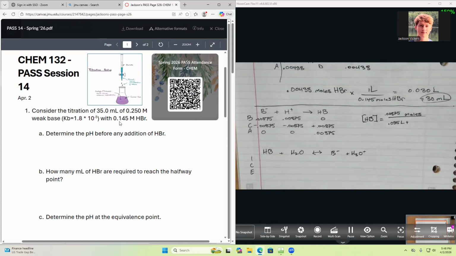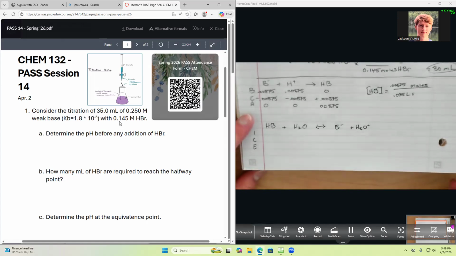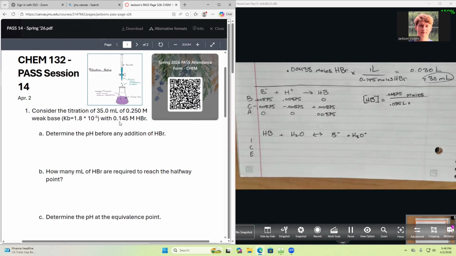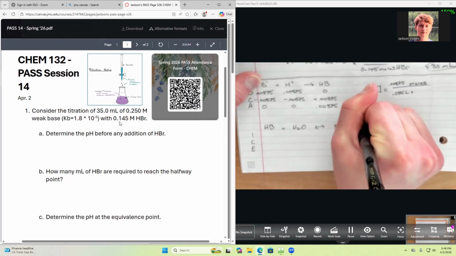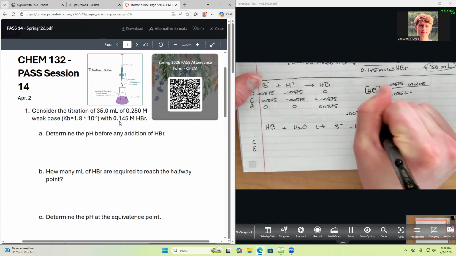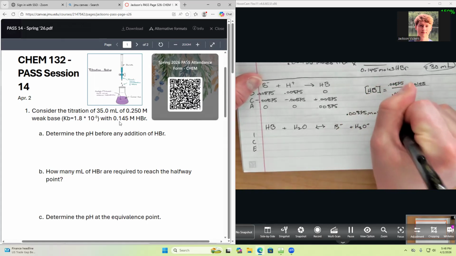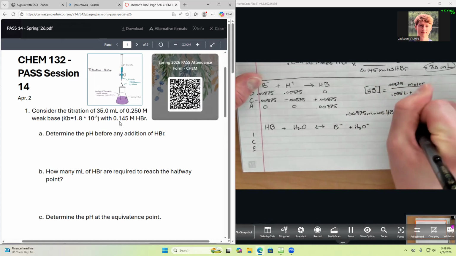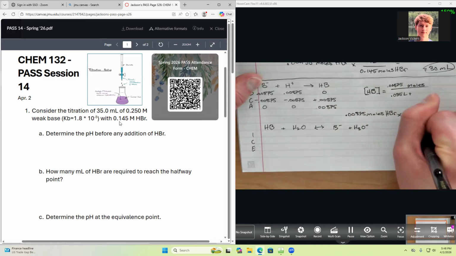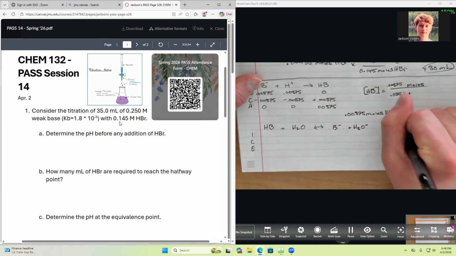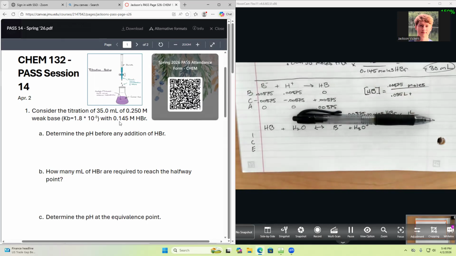And we're going to use the same method we did up here, where we take the moles and invert molarity to get a volume. So I'll do that real quick. 0.00875 moles is what we added of our HBr, and then times 1 liter per 0.145 moles, because that's our molarity. Let's see what that gets us.